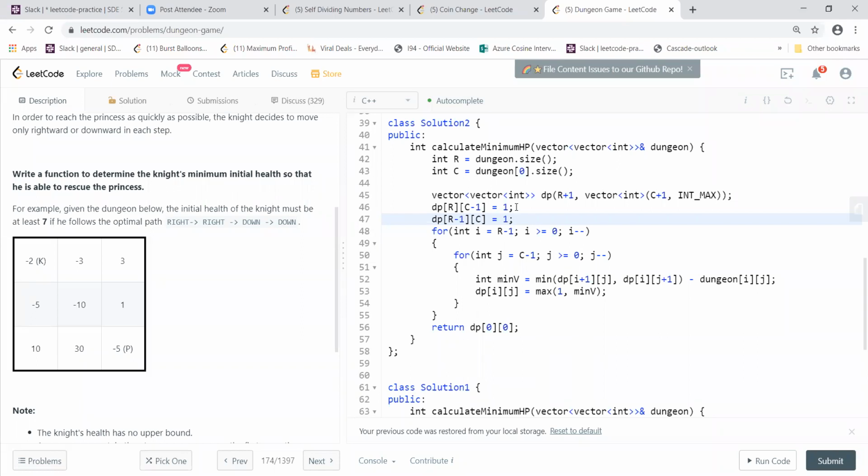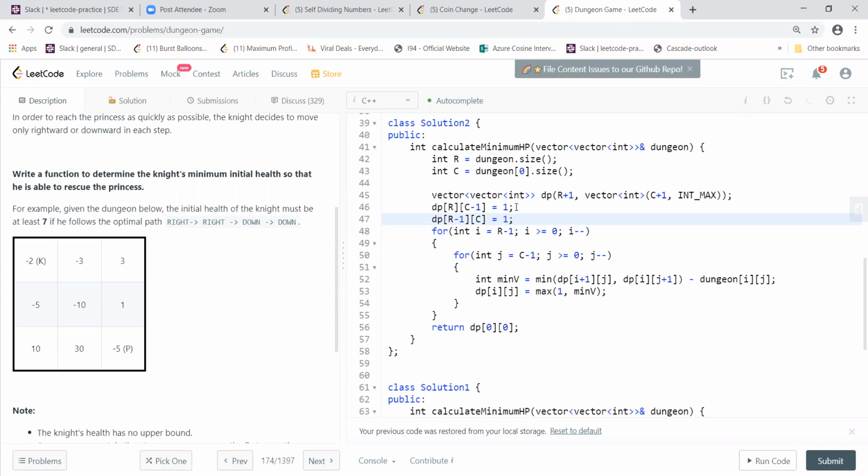So if I set those 2 values to 1, then I can calculate the cell value where the princess is, which is the last point, and what health points are required for the knight to survive. Got it? Yeah. Thank you.